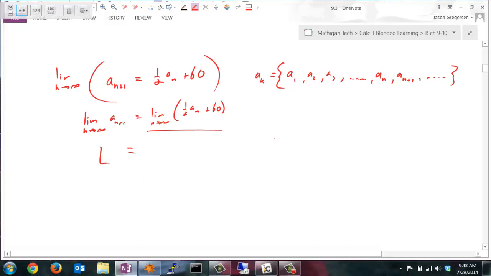What is the limit of 60 as n goes to infinity? Just 60. Then I have the limit of 1/2 times something. That 1/2 can just come out front. So this is really 1/2 times the limit as n goes to infinity of a sub n. But as n goes to infinity, is there any difference between a sub n or a sub n plus 1?